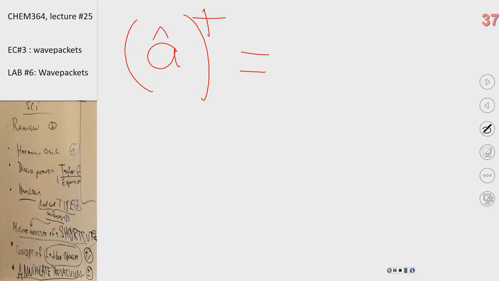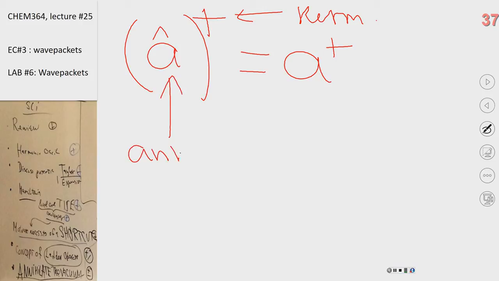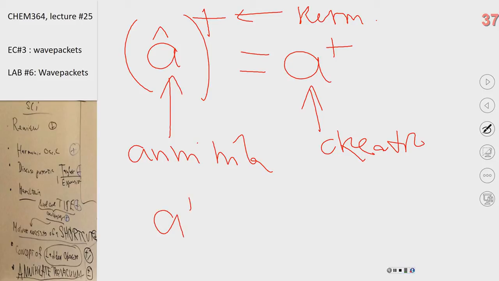So here is an operator, here is Hermitian conjugation. And we may wish that upon Hermitian conjugation, we convert the annihilation into creation. And the opposite: if you do dagger, Hermitian will be annihilation.